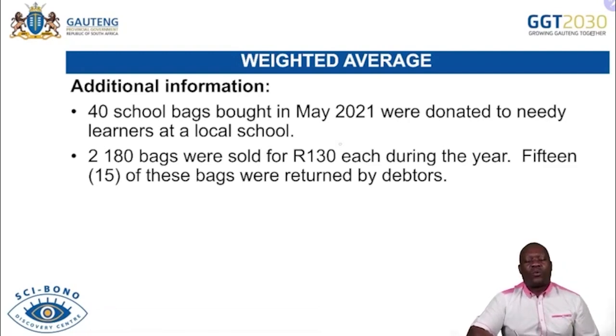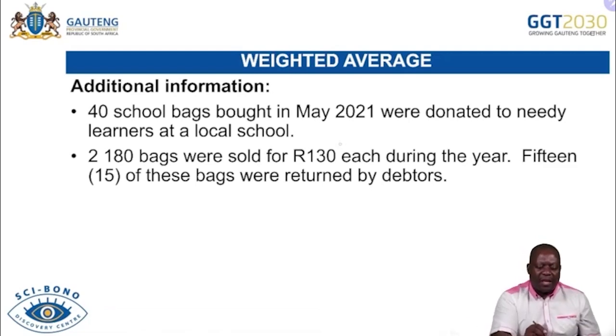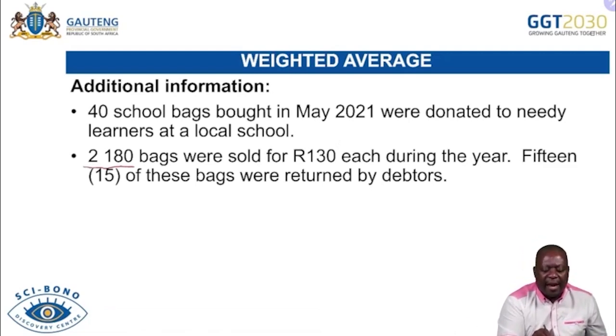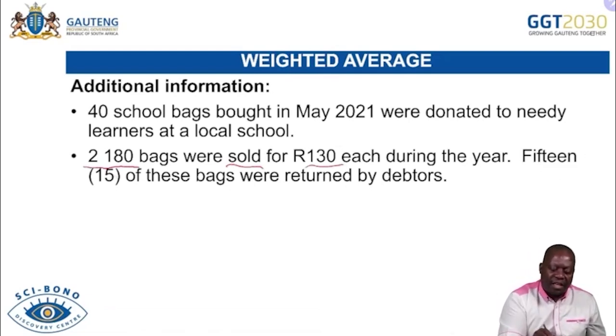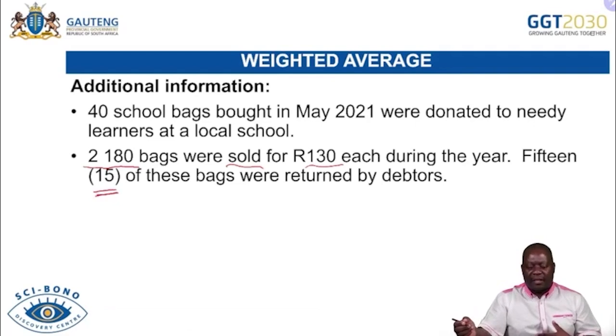Okay. Now, is this going to affect our value of stock when we have items donated? Yes, it does. So we are going to see that when we are calculating the average, the donated stock is going to affect our value of stock per unit, which ultimately affects our closing stock value. And then they also said 2,180 bags were sold at 130 each, and 15 have been returned by the debtors.